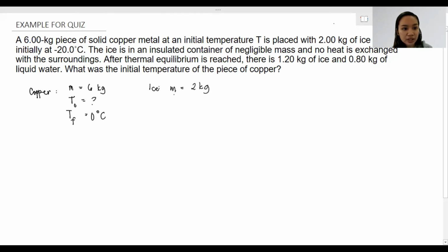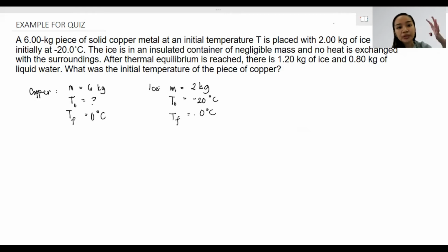This is the initial mass of our ice, when it is still ice, before it became 1.2 kilogram of ice and 0.8 kilogram of water. Our initial temperature is negative 20 degrees Celsius, and our final temperature is 0 degrees Celsius, which is where thermal equilibrium was reached. So at thermal equilibrium, we have 0 degrees Celsius.